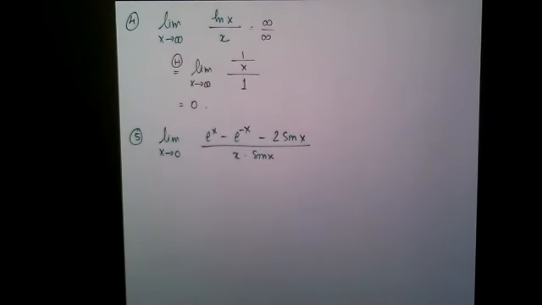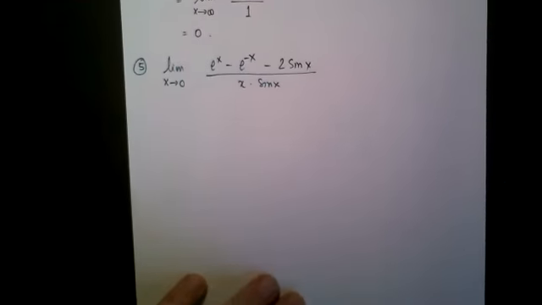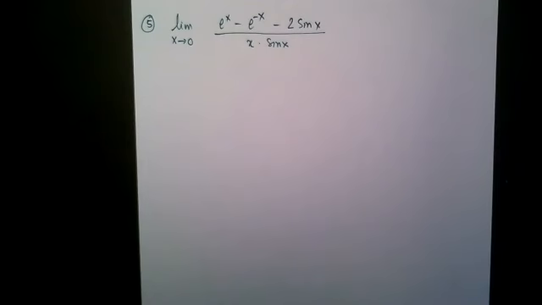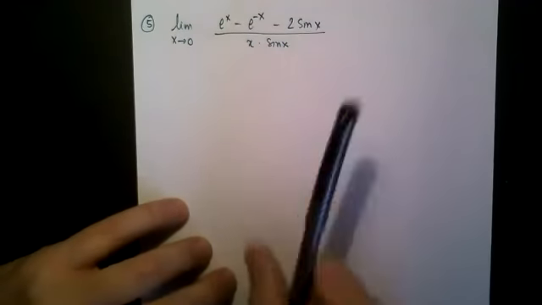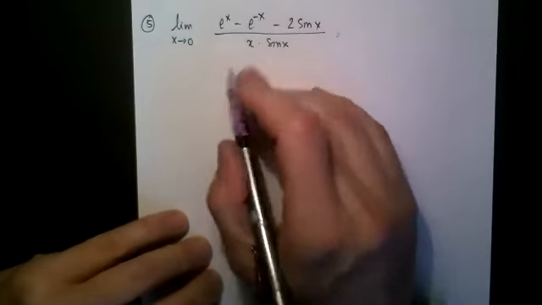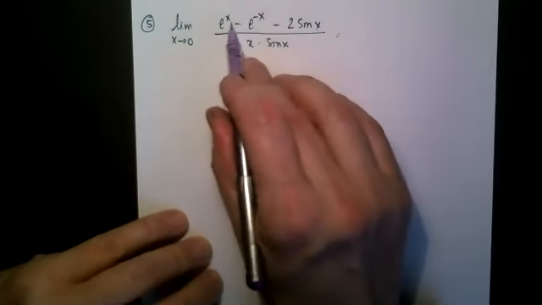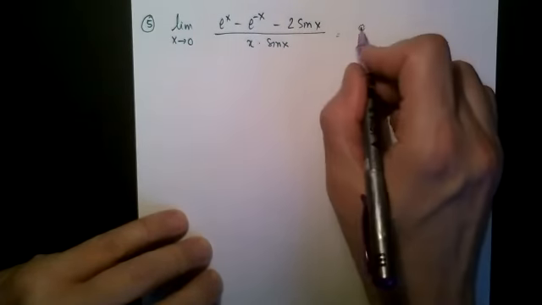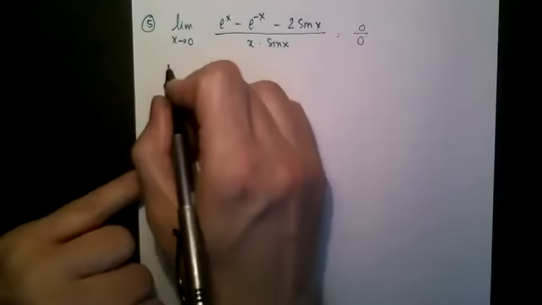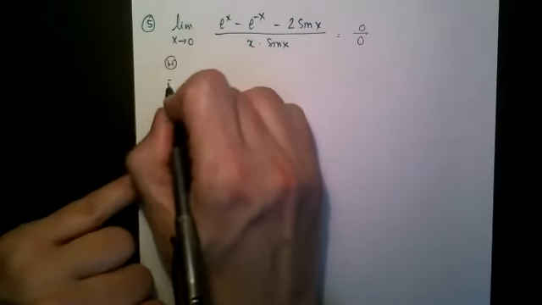Okay, so this one's a bit nastier. So I plug in 0. e to the 0 is 1, e to the 0 is 1, 1 minus 1 is 0, sine 0 is 0, so 0 times 0 is 0. L'Hopital's rule is in effect.